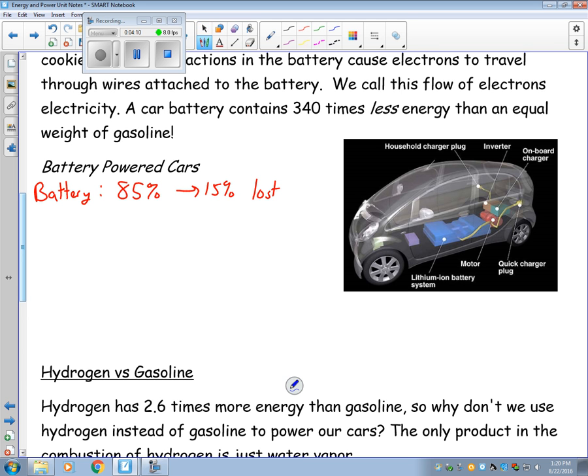Gas, on the other hand, a gas-powered car is only 20% efficient. So that means 80% of the energy in your gasoline is lost. It's not being used to get the car moving. So when we take this into account, the battery then is only 80 times, not 340 times, less energy if we consider efficiency.